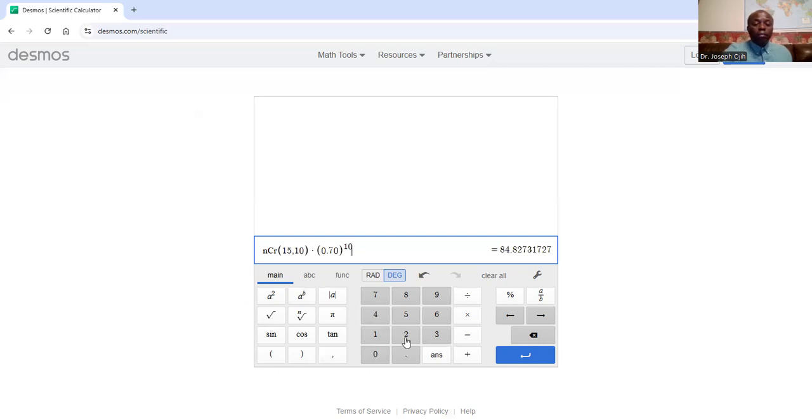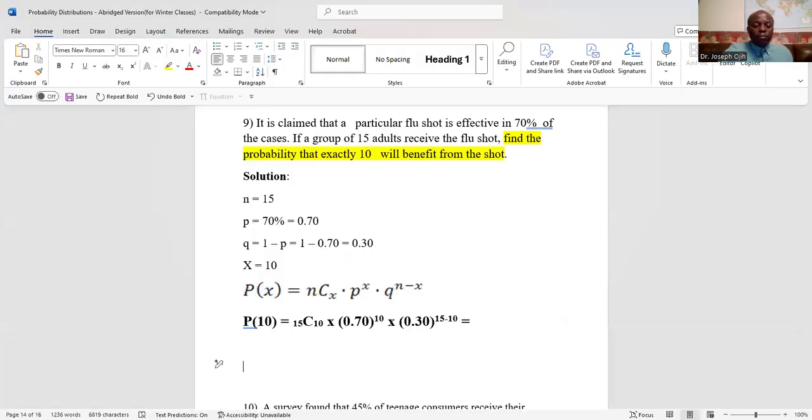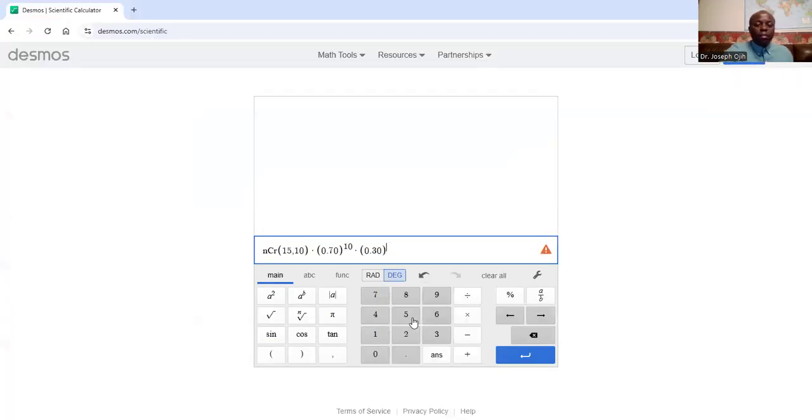Okay, then times 0.3 raised to the power. Now you can see that it says raised to the power 15 minus 10, which is 5. So you can just go there and put 5 there. 15 minus 10 is 5. The answer is 0.206 rounded.